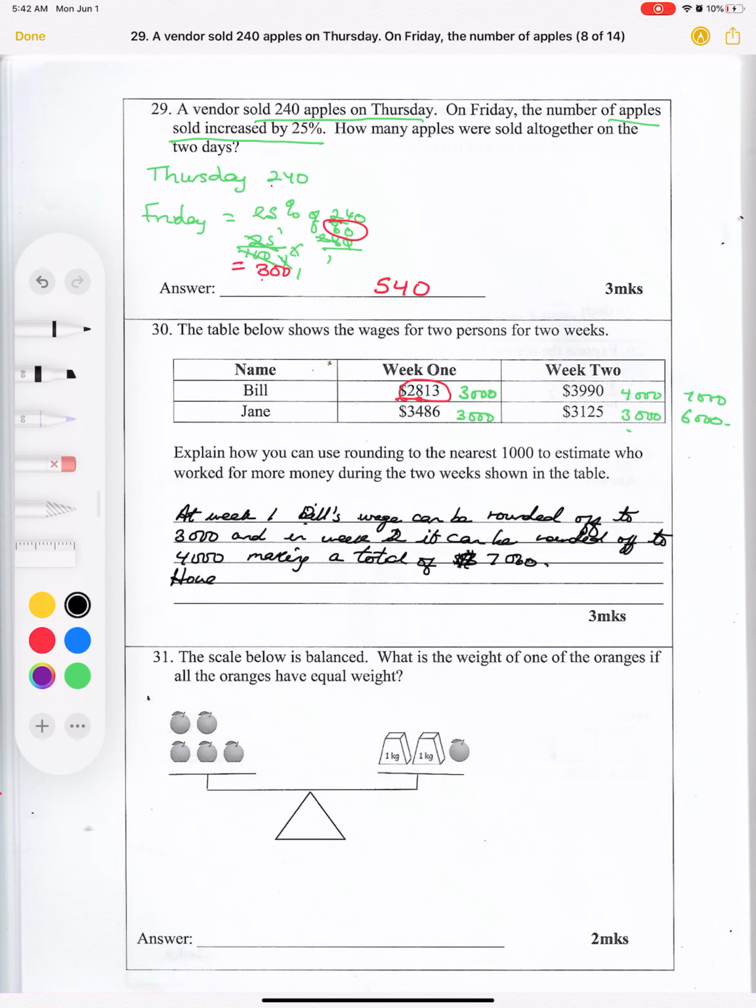However, Jane's salary was rounded to 3,000 for both weeks, making a total of 6,000.